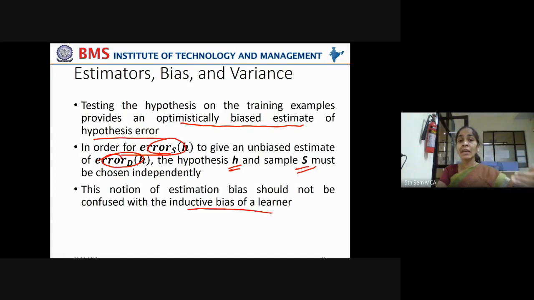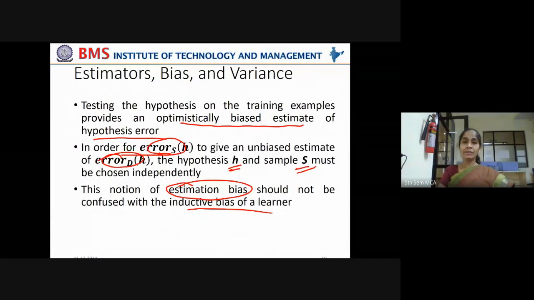These are called inductive biases, or assumptions we make about a learning model. But estimation bias is a numerical quantity. The difference between your sample error and the true error can be treated as estimation bias, and you have to reduce that estimation bias as much as possible in order to make your machine learning model highly generalizable, so that it predicts well the unseen data, the new data, also.